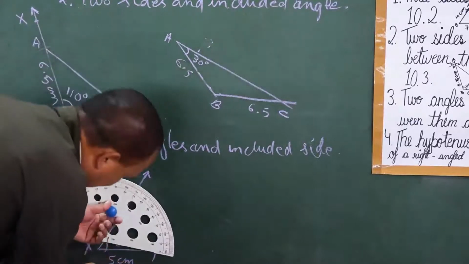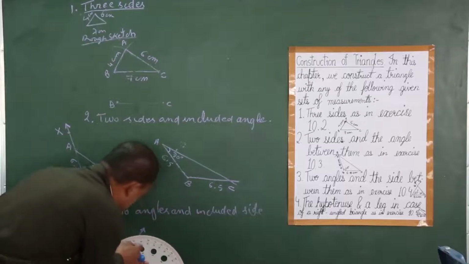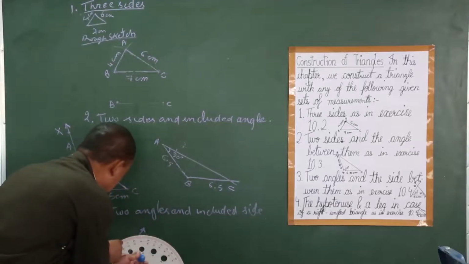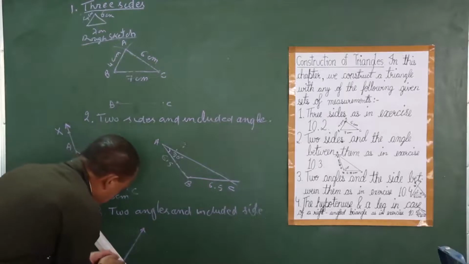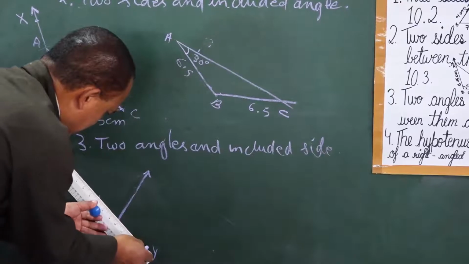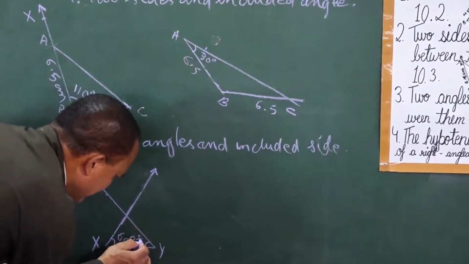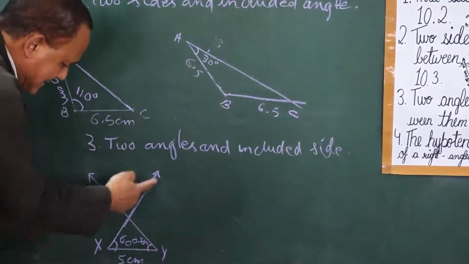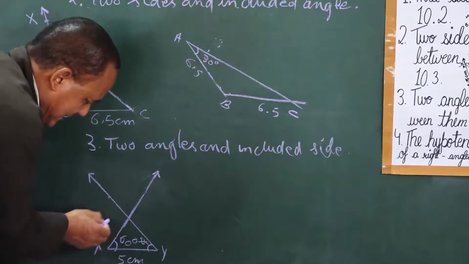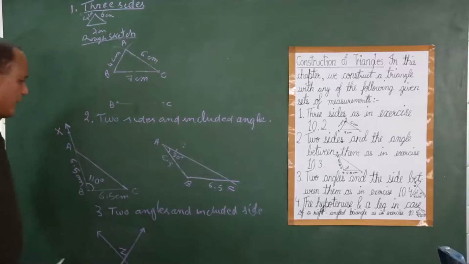So you have to again do this angle Y here. So this is 50 degree. The point of intersection of these two lines is here, X, Y and Z. That is how you make it.